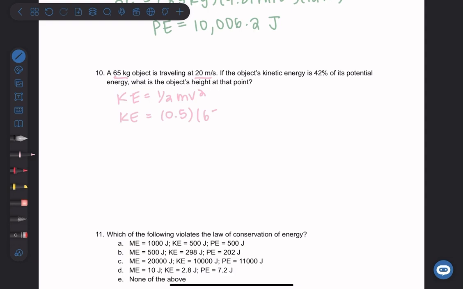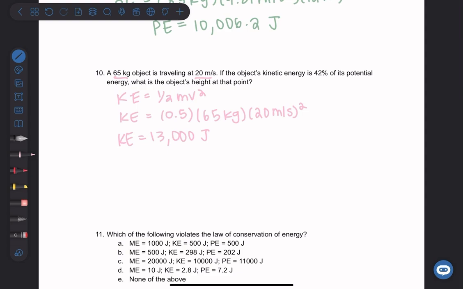Mass is 65 kilograms. The velocity is 20 meters per second. I'm going to square that. 20 squared, 400 times 65 divided by 2. The kinetic energy is 13,000 joules.